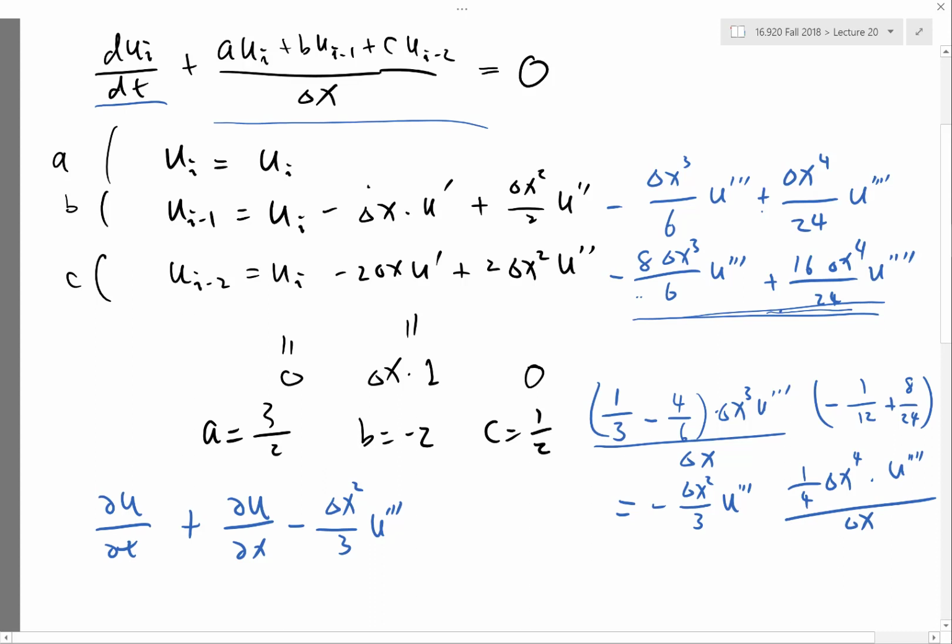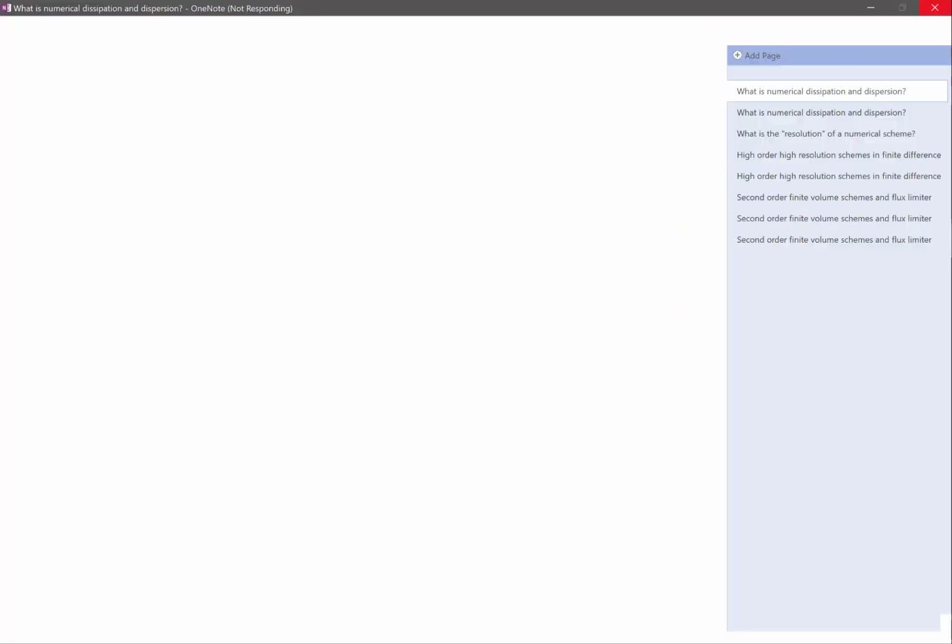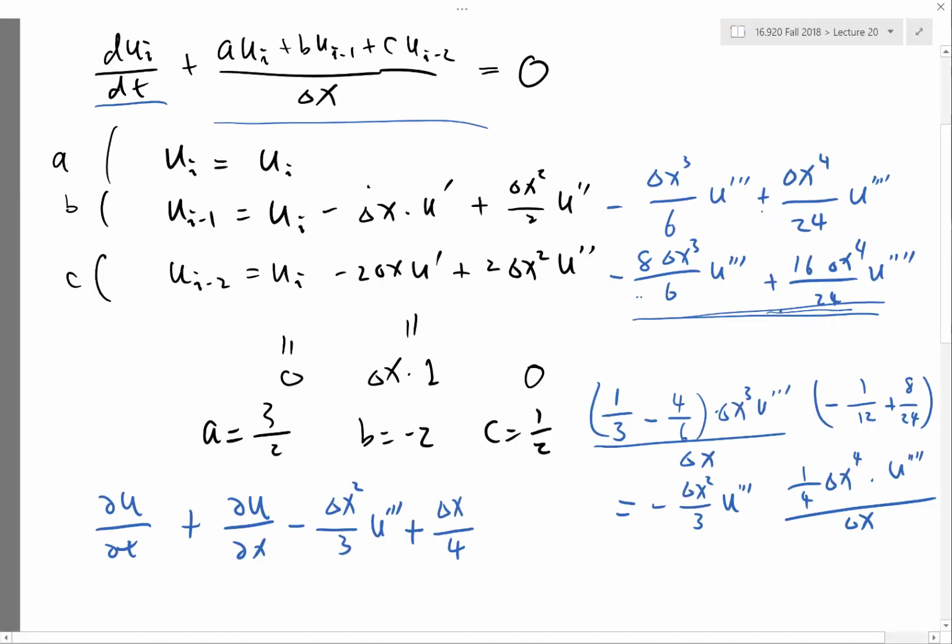So this turned out to be, let's see, it's actually plus delta x cubed u quad prime equal to 0.